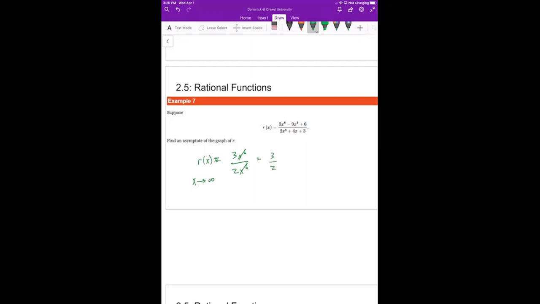All right, so that means that y equals 3 over 2 is a horizontal asymptote. Okay, now if the bottom were equal to 0, that could also potentially result in an asymptote. But since the directions say find an asymptote, that's the obvious one that they're referring to, right? So 3 over 2.